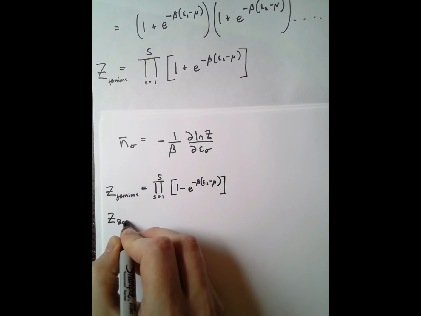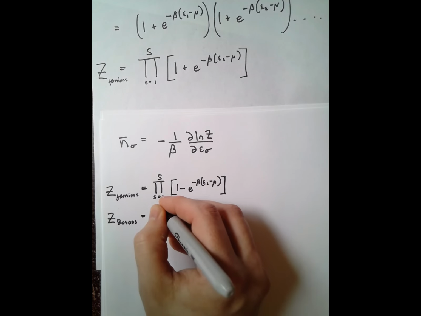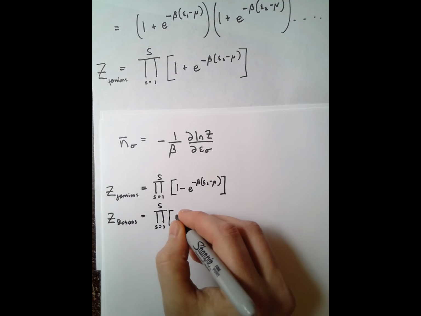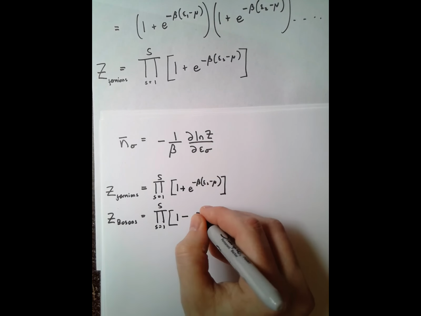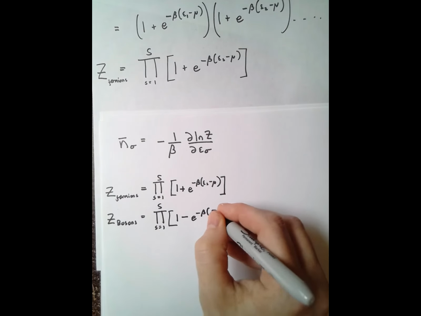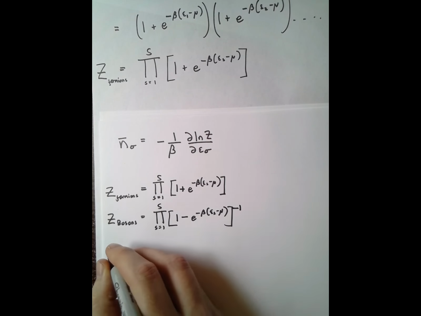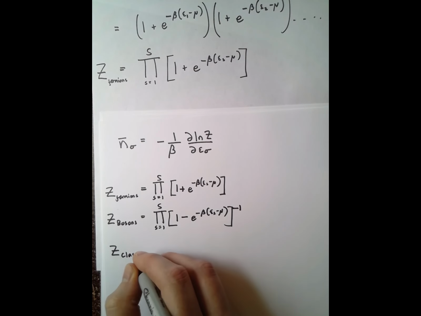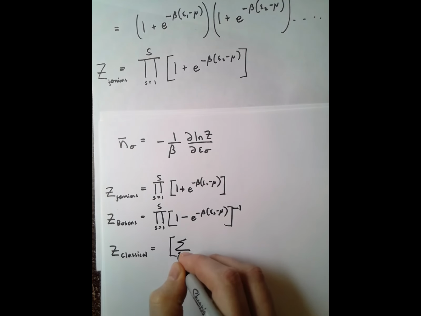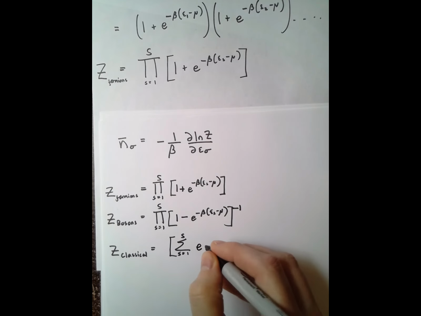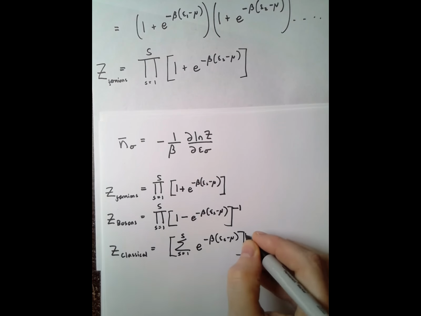Z for bosons was equal to the sum from s equals 1 to S of 1, sorry, this is plus 1 minus e to the minus beta epsilon s minus mu to the minus 1, and then z for the classical gas was equal to the sum over the states of e to the minus beta epsilon s minus mu to the power n.